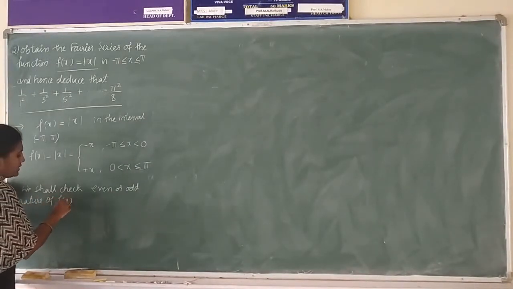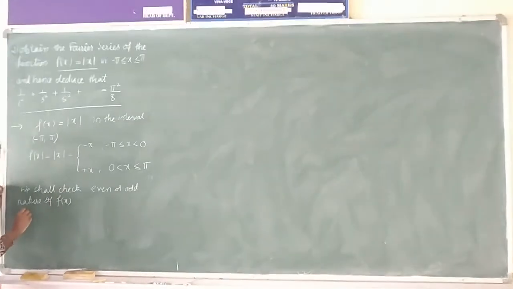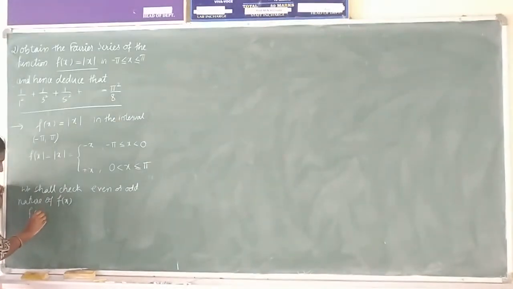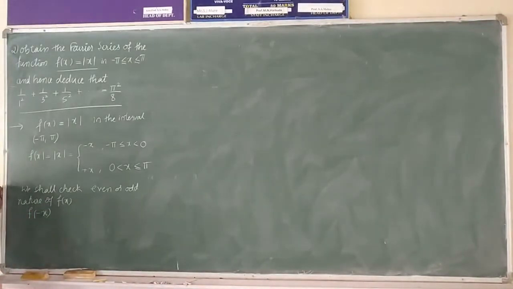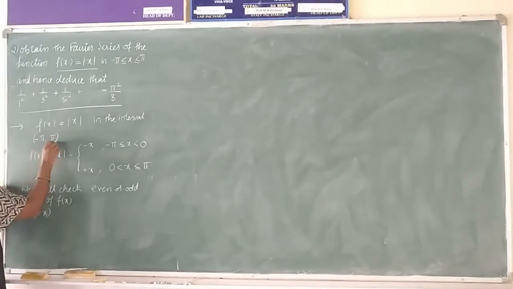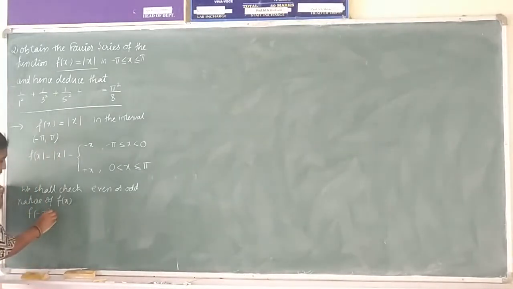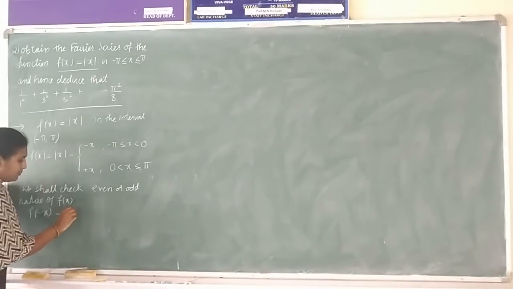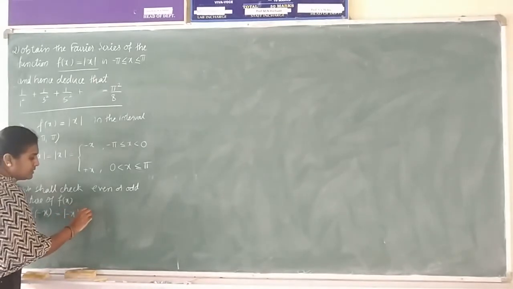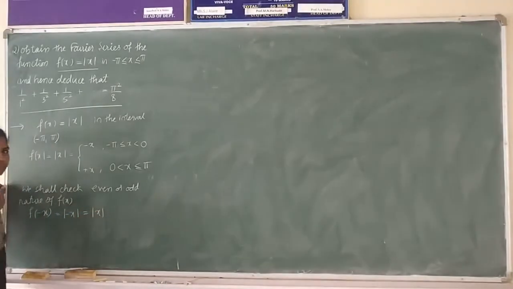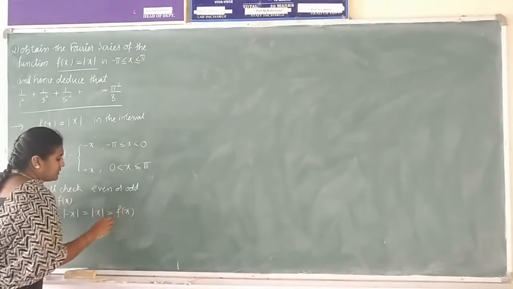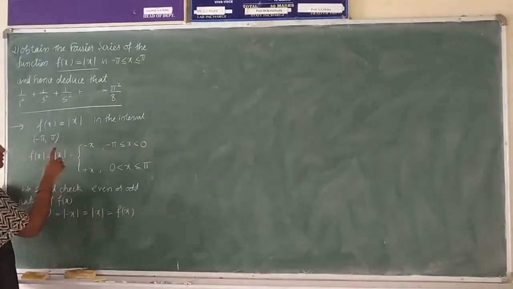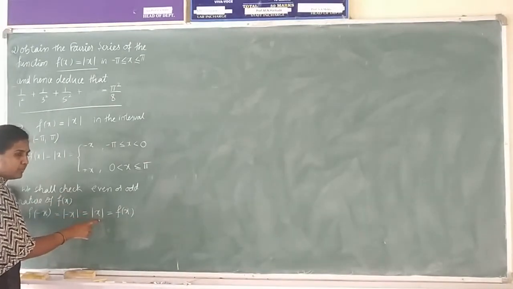To check the even and odd nature, we substitute x equals minus x because the interval is minus pi to pi. That is f of minus x equals mod of minus x, which is equal to mod x. That means here we have obtained the same function as the given f of x.